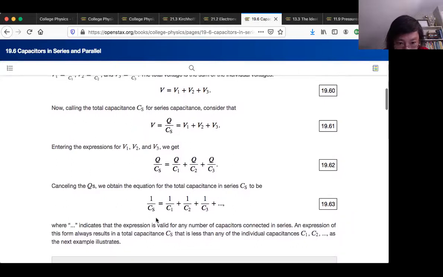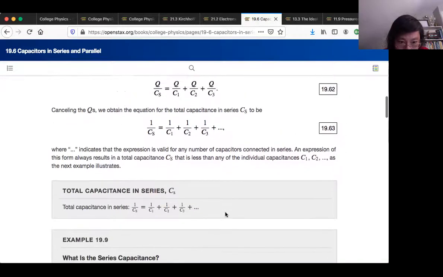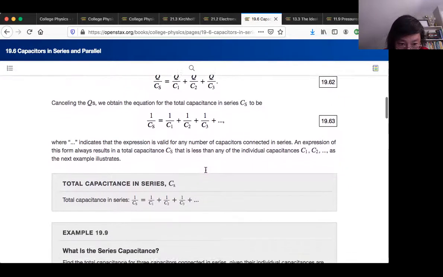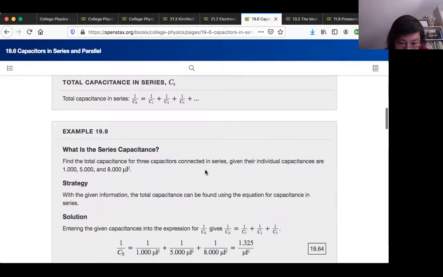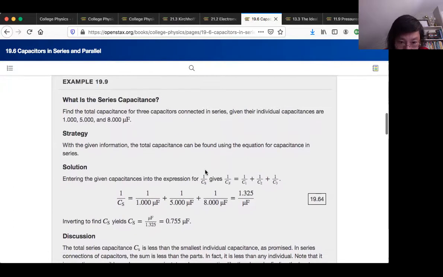So 1 over the total series capacitance is 1 over the first capacitor's capacitance plus 1 over the second plus 1 over the third, and so on and so on. Total capacitance in the series has actually been reduced compared to the individual capacitances of the capacitors that are in the series. So take a look at this and try to work this out and see what happens, right? Here's a mathematical example, 19.9.